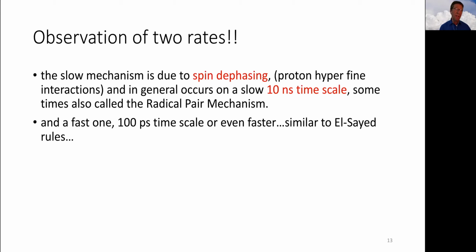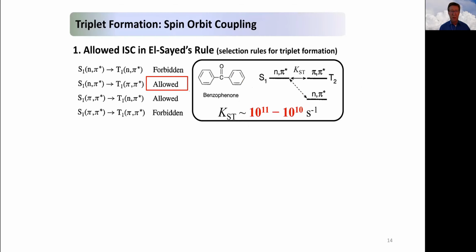Well, the faster mechanism is less known, it's less understood, but we can try to correlate it to the so-called selection rules for triplet state formation, the LCET rules, devised by Mostafa El-Sayed. So in molecules such as acetone and, for example, aromatic ketones, the n-pi-star transition of the carbonyl group can be viewed as the transfer of charge from a lone pair of the oxygen to the carbon atom.